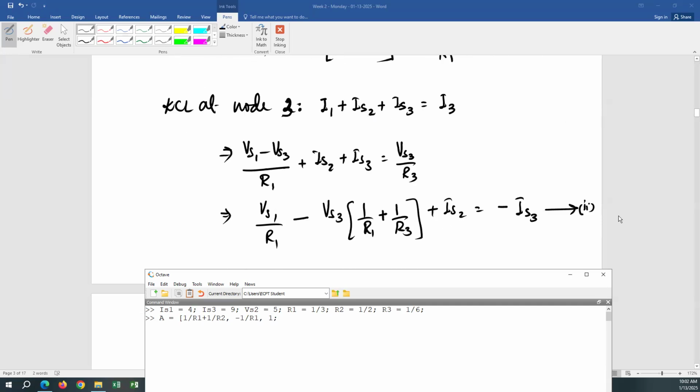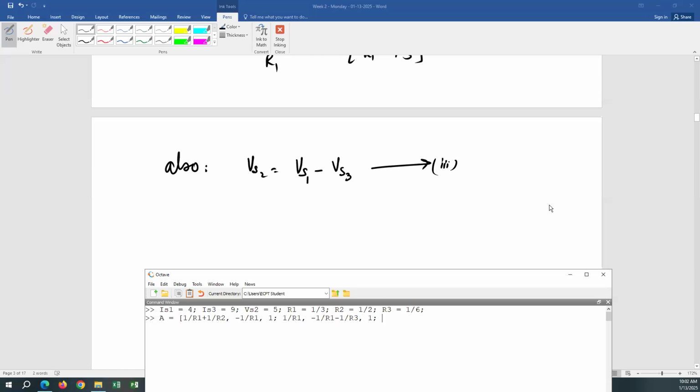From equation number 2, VS1 1 over R1, VS3 negative 1 over R1 minus 1 over R3, and IS2 again is 1. And equation number 3, VS1 is 1, VS3 is negative 1, and IS2 is 0. So this is my coefficient matrix.